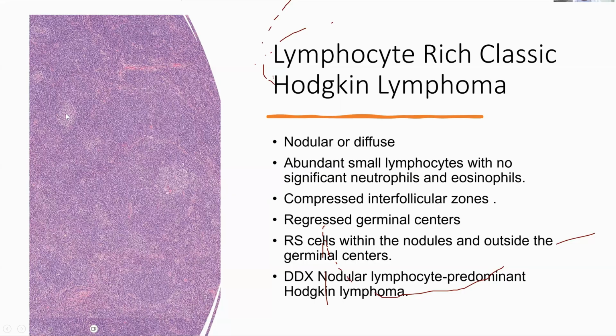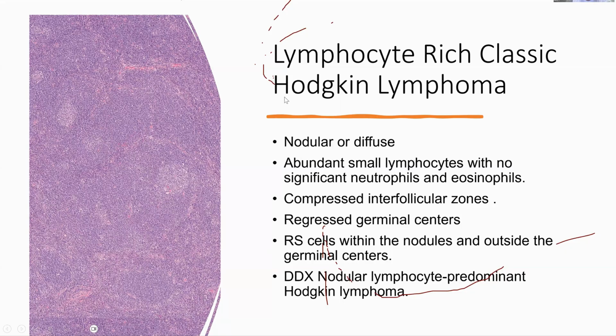The germinal centers are slightly regressed compared to normal, and the RS cells you will find within those larger nodules. This one has a differential diagnosis of nodular lymphocyte predominant Hodgkin lymphoma, as we will mention later.